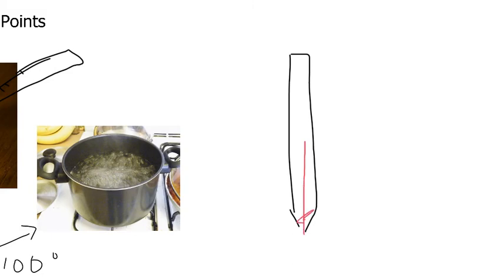So let's say this is the temperature of melting ice. We've got this in the melting ice, this is the temperature, so bam, we call that 0 degrees. And then later on, we stick the same thermometer into some boiling water.